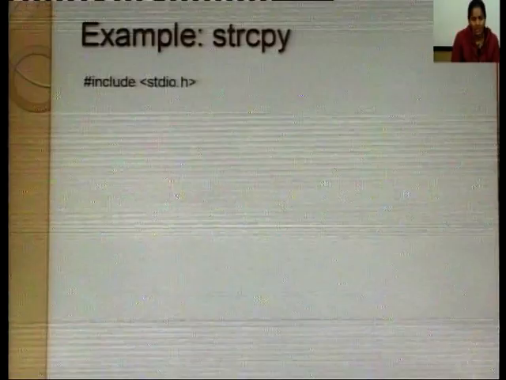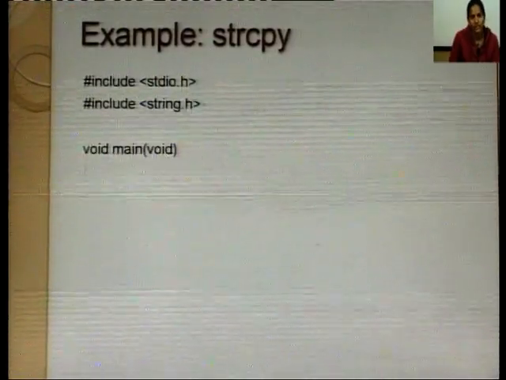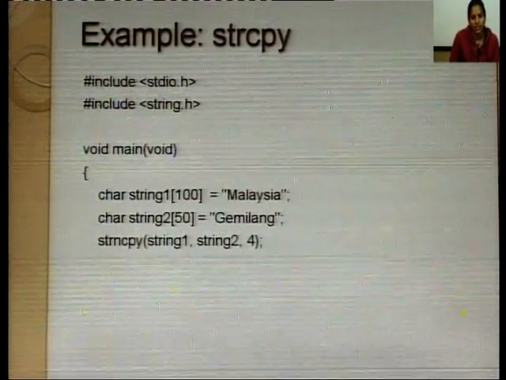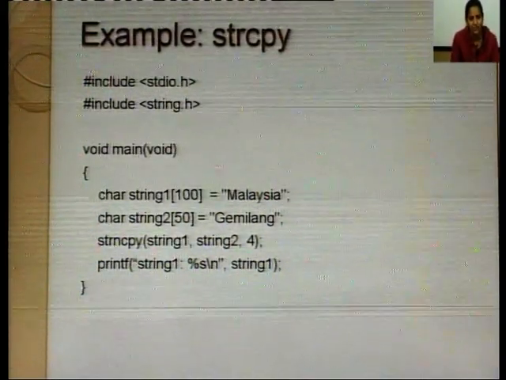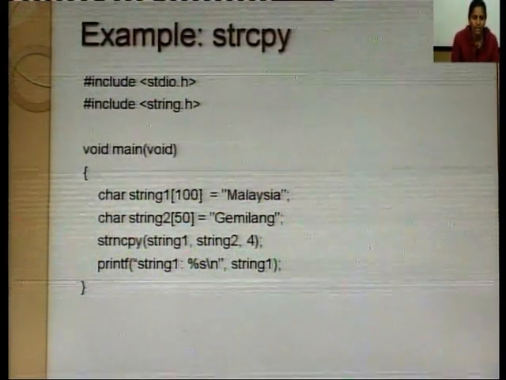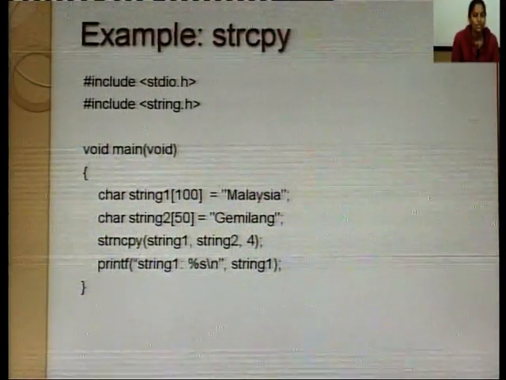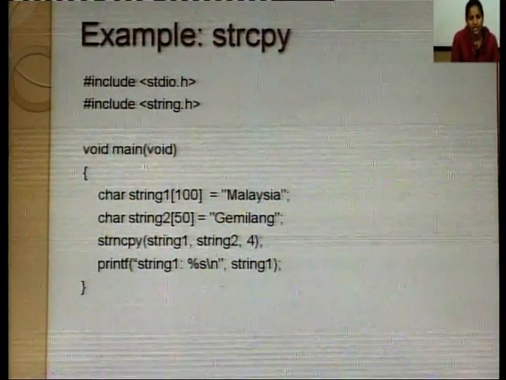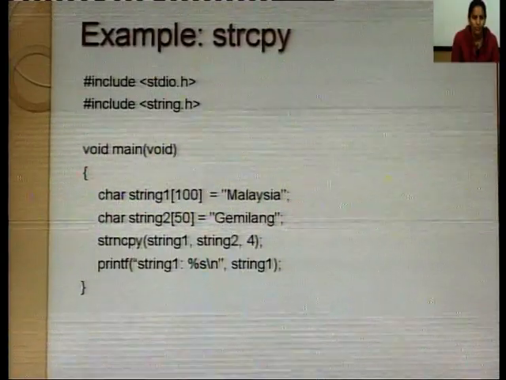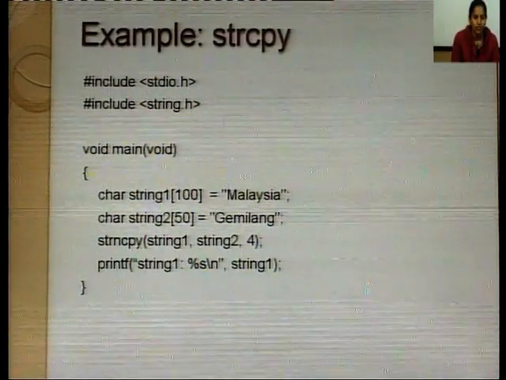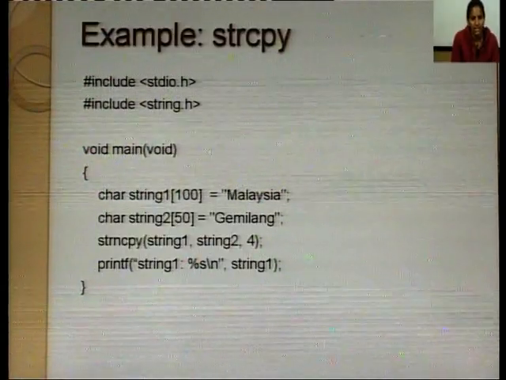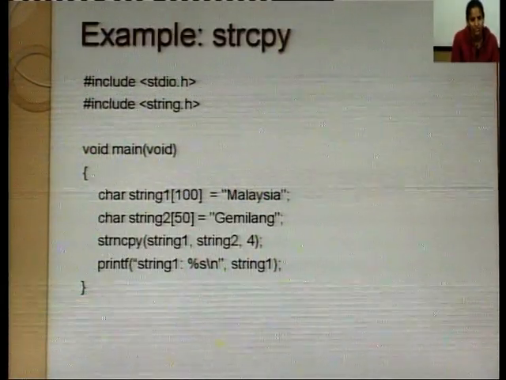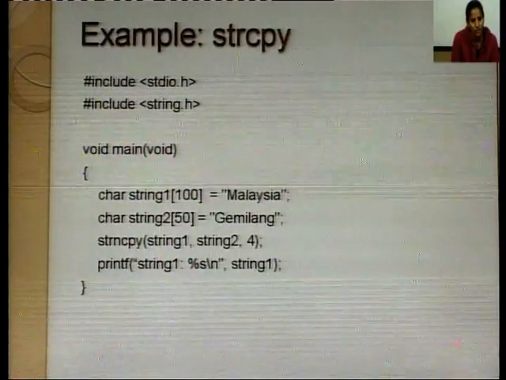So there is another example of string copy. In the previous example, we saw that the whole of the source string is copied to the destination string. But if we want to copy only some of the source string's characters to the destination, then we can use another function called strncpy.